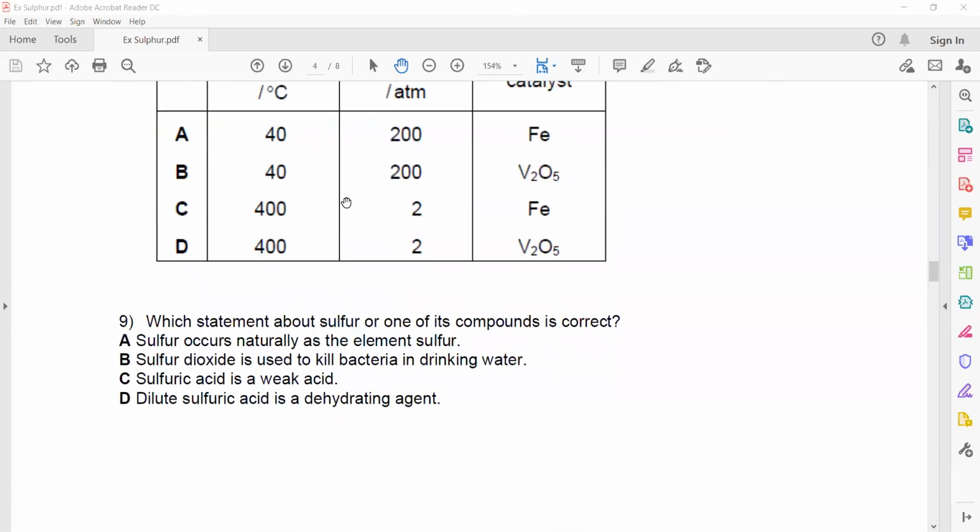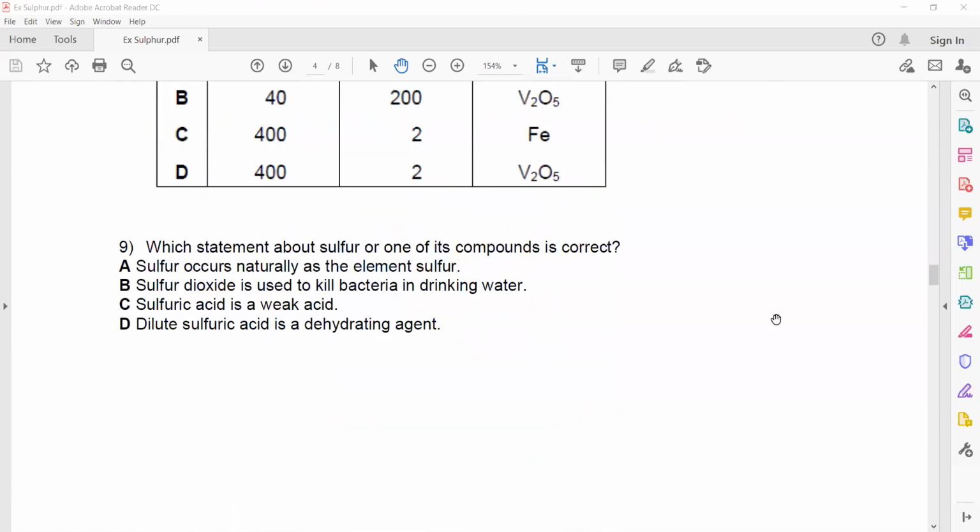Then question 9. In question 9, which statement about sulfur or one of its compounds is correct? Sulfur occurs naturally as an element. As an element, sulfur, that's true. Sulfur dioxide can kill bacteria, but it is not used in drinking water. In our drinking water, we use chlorine to kill bacteria.